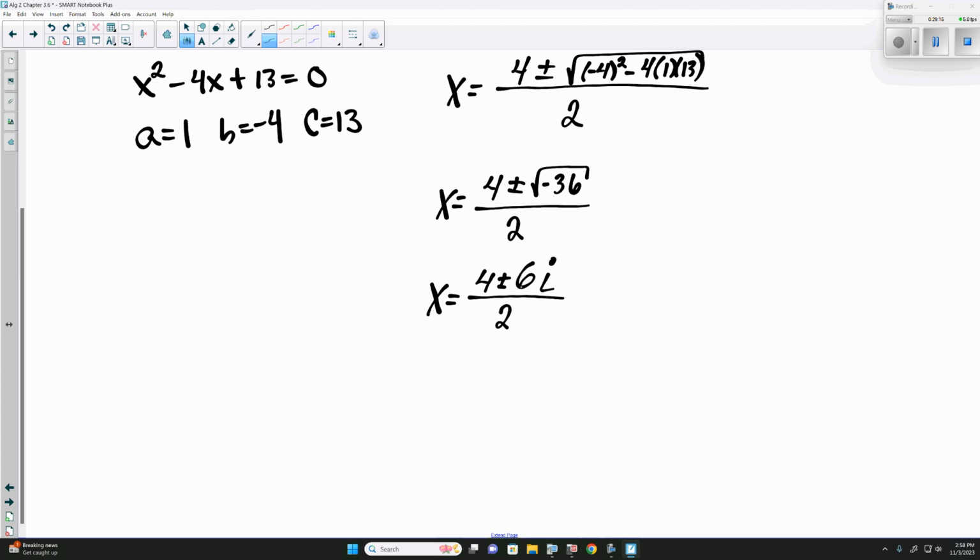Are both 4 and 6 divisible by 2? 4 divided by 2 is? 6 divided by 2 is?